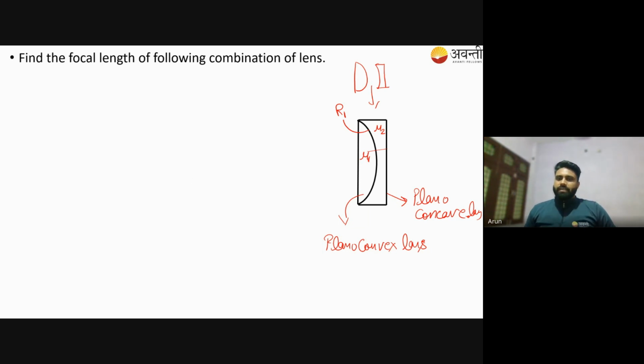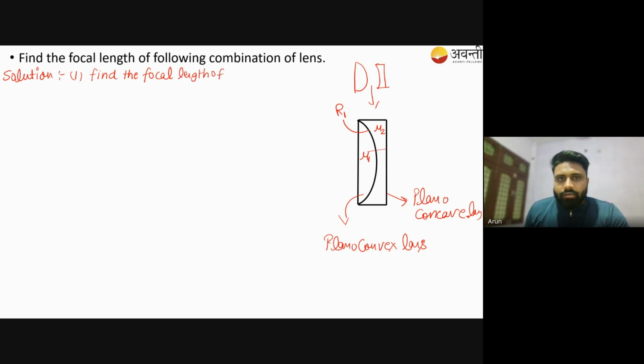So we have to find the focal length of it. But we do not know exactly the focal length of the plano-convex lens or the plano-concave lens. So the task we have to do to solve this question is, first, find the focal length of the respective lenses.